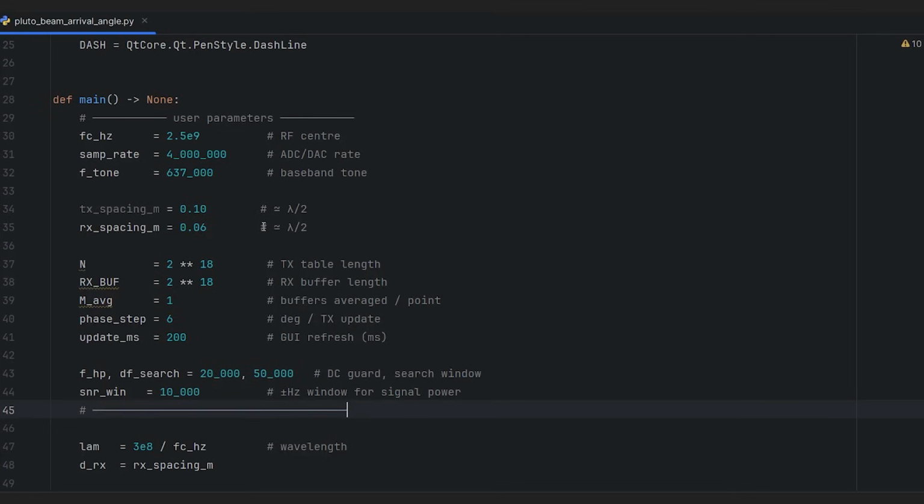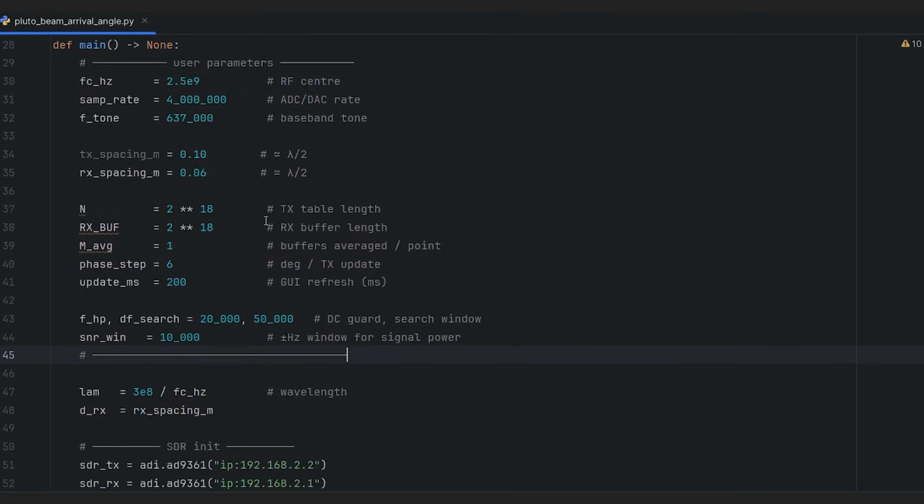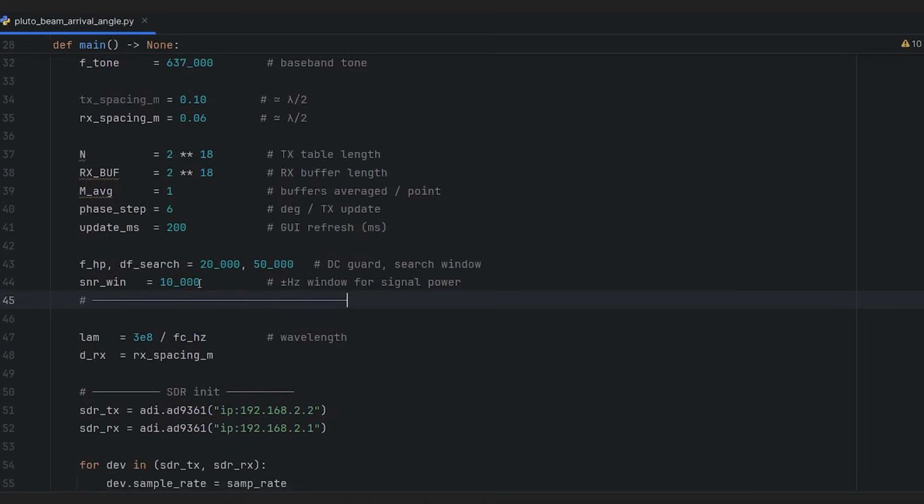But to show some of the non-idealities of the angle of arrival, or the receive power as the TX phase is being swept, I changed these to slightly different values. Then we need to define the number of points in the TX and RX we want to send.